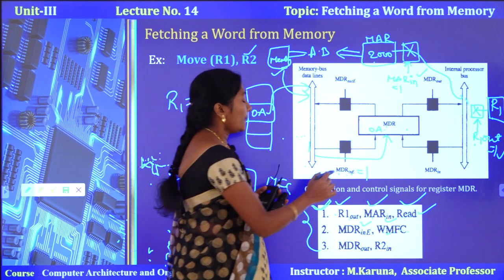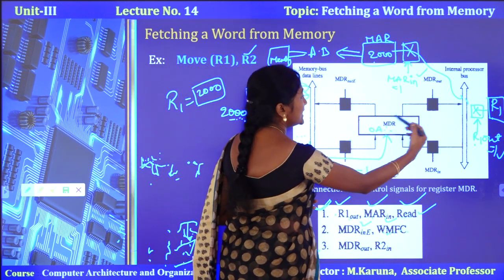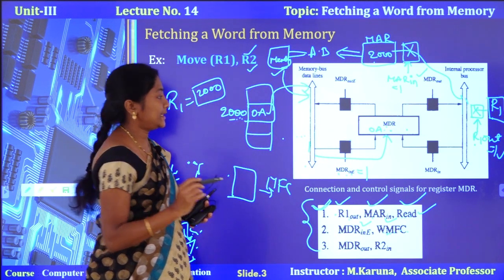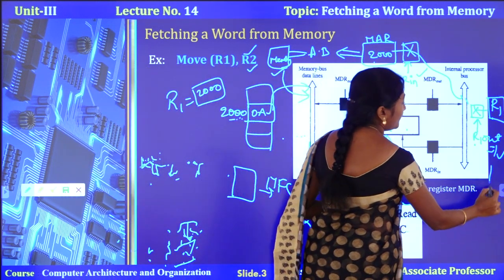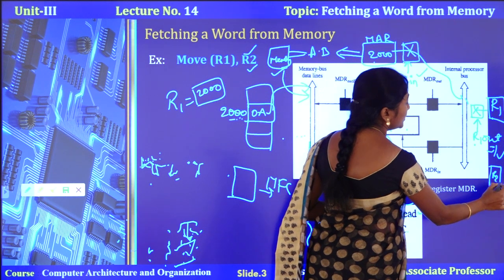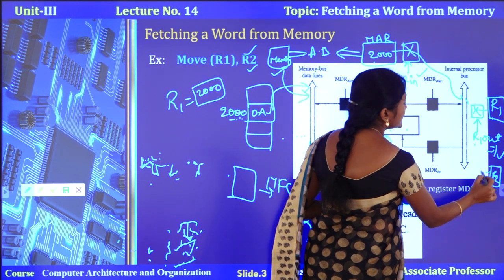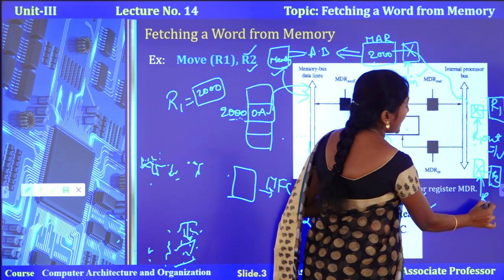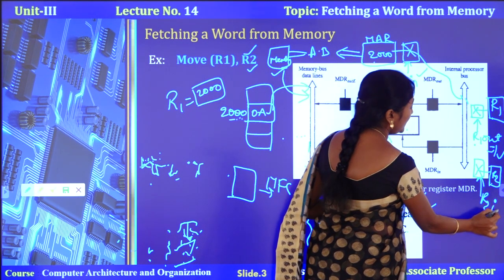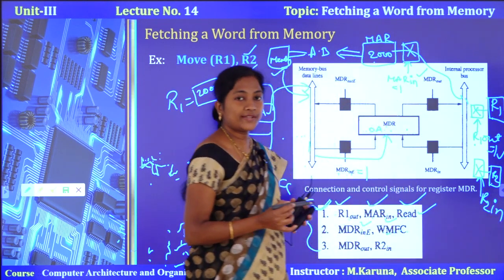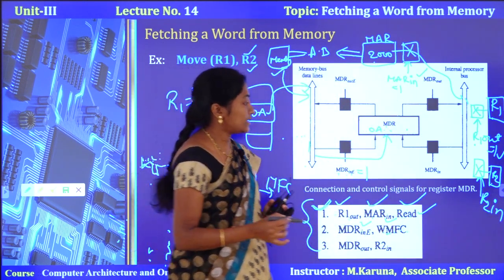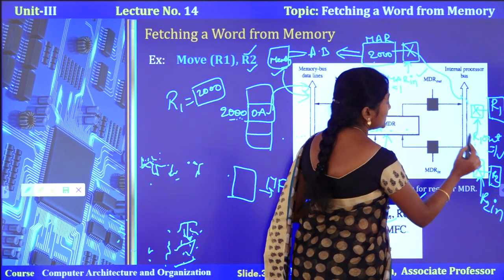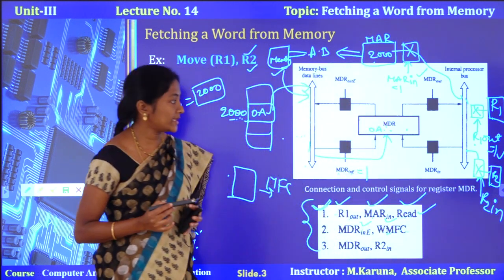Now, this data is to be transferred to which register? The R2 register. For example, this is the R2 register, which has a switch controlled with the help of R2 in, because the destination register is R2. That is the control signal R2 in, which is connected to the internal processor bus.